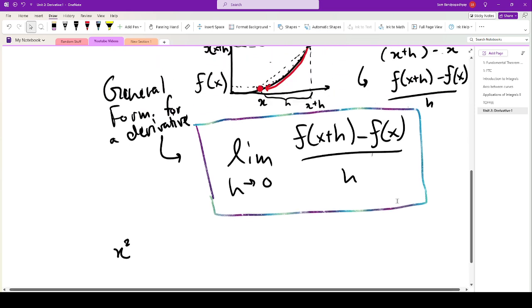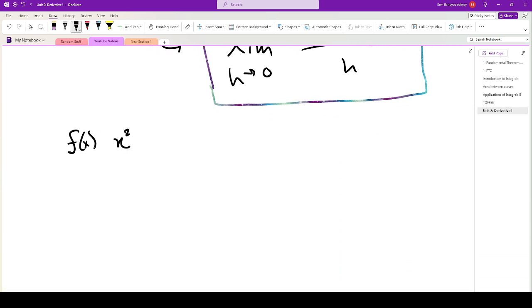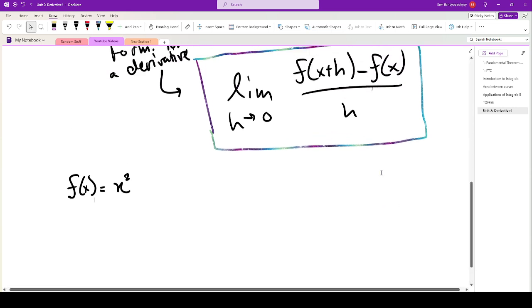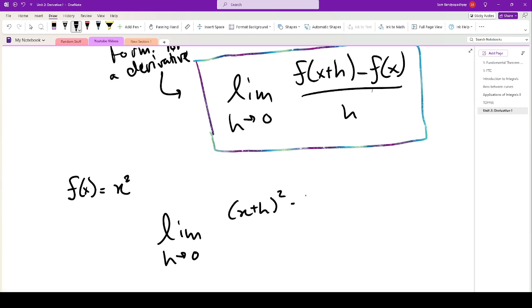Quadratic. Okay, we were analyzing a quadratic here. Let's say we have a quadratic, f of x equals x squared. Applying this formula, we have f of x plus h is just going to be x plus h all squared, minus f of x, which is just going to be x squared, divided by h. Simplifying this bit, you have x plus h squared.